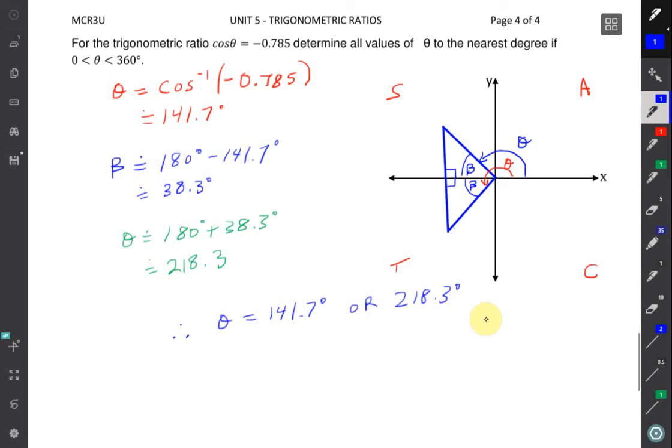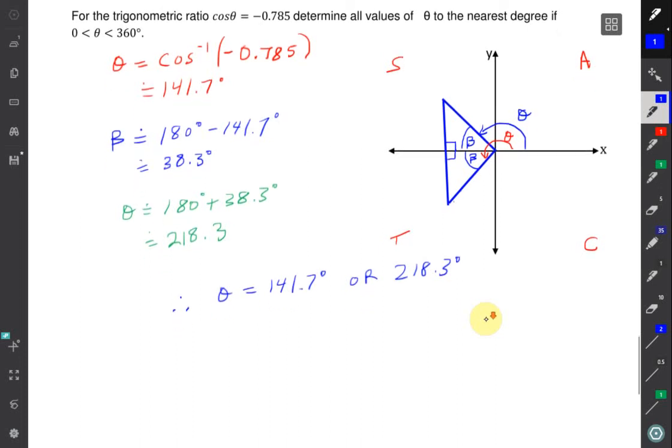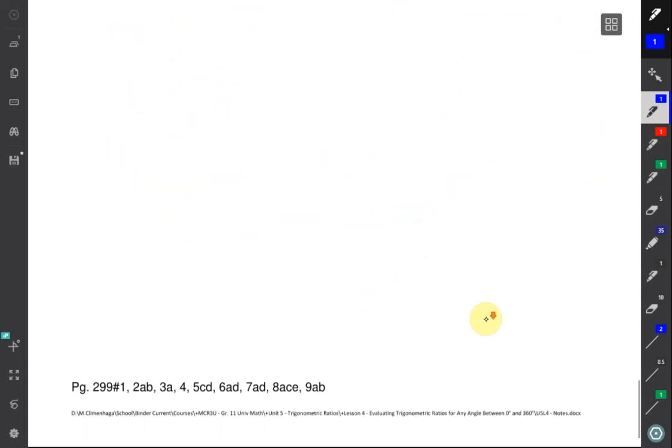And once again, make sure that you have a good understanding of the relationship between theta and beta, and also the idea that this cast rule tells us which ratios are positive, and that for any ratio that's positive, it always occurs in two quadrants, and there's always two negative ratios that occur for any given beta. So you can go ahead and practice these questions.